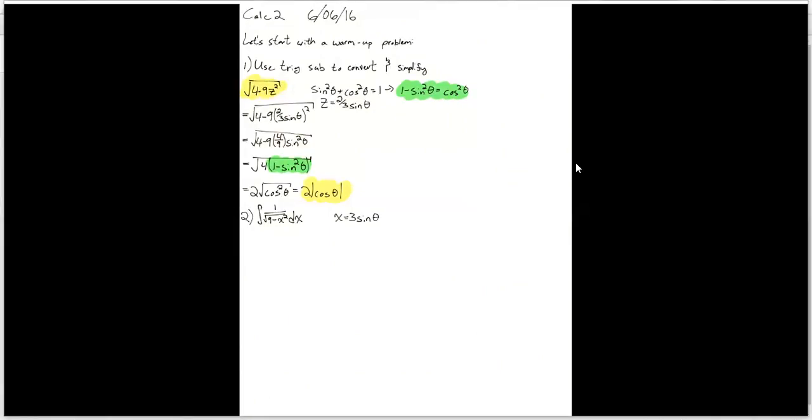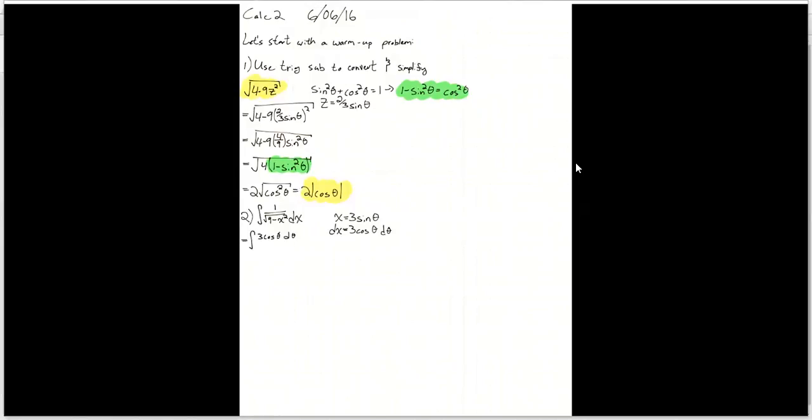Well, first, we should probably have a dx, right? So this is very much like a u substitution. So we're going to have a 3 cosine theta d theta. So let's go ahead and do our substitution here. We still have an integral, and so we're going to have this 3 cosine theta d theta from our dx.